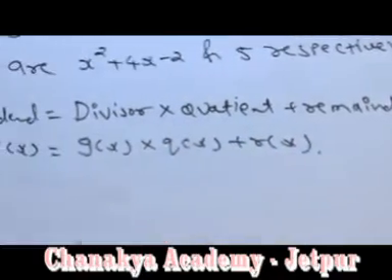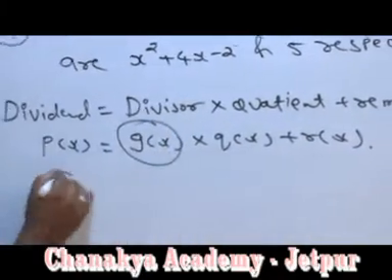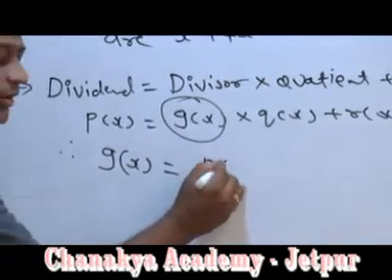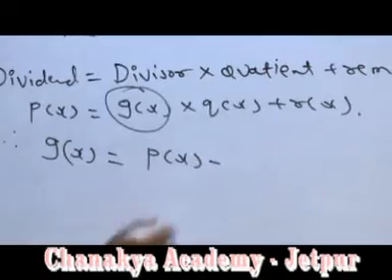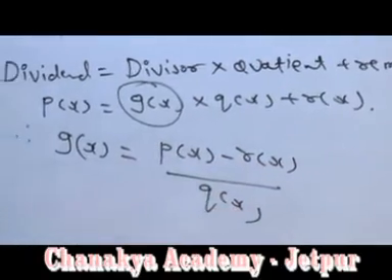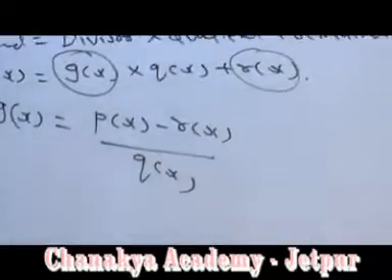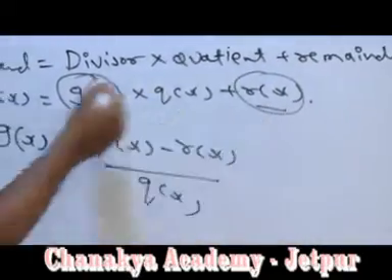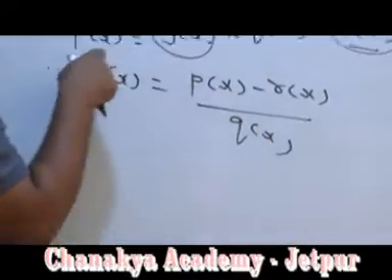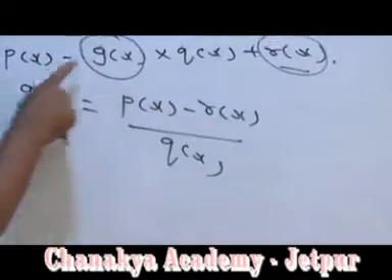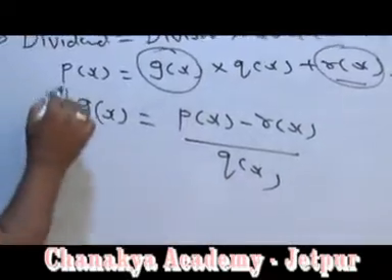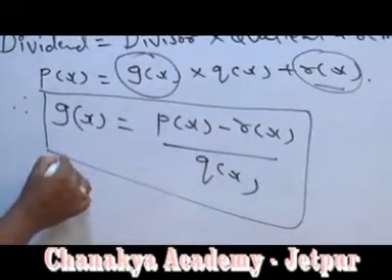Now we are trying to derive g of x, therefore g of x equals p of x minus r of x divided by q of x. R of x was on the RHS side, I have taken it on the LHS side. Deducting r of x from p of x, divided by q of x, is our main important identity.